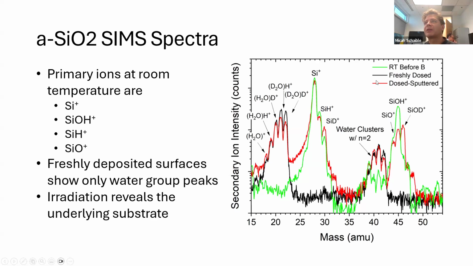Compared to the room temperature spectra, there's a significant increase in the sputtered ion intensity of SiD+, and in particular, a very significant increase in the sputtered intensity of SiOD+. So there is a lot of SiOD+ being formed in that deposited and irradiated SiO2 sample.